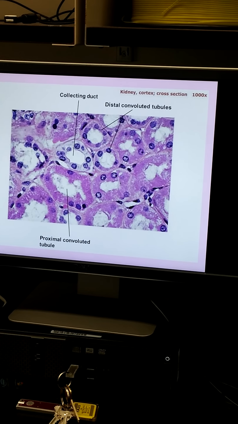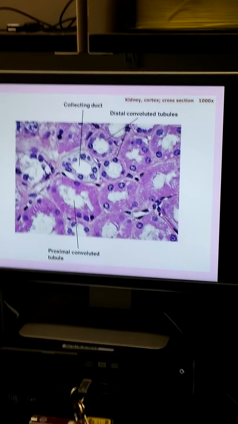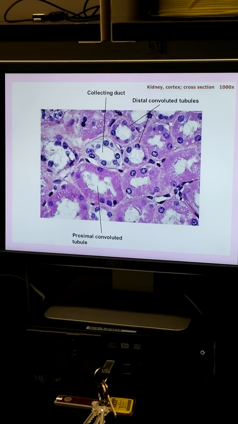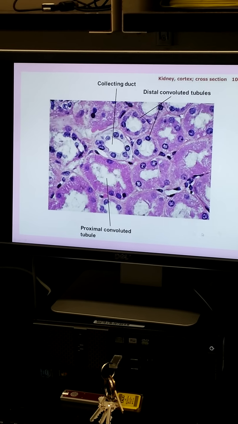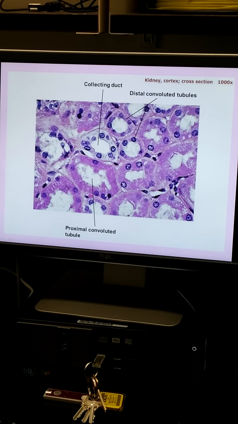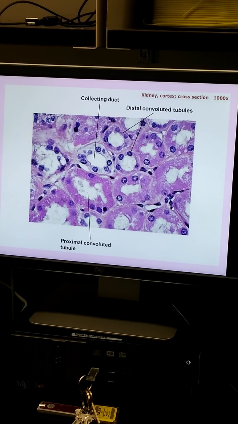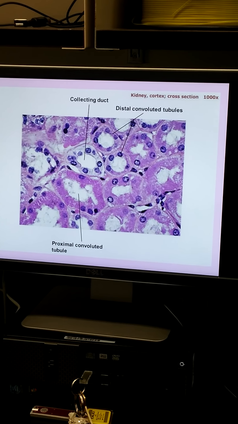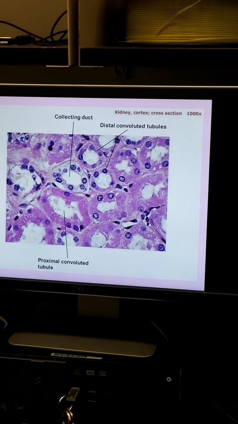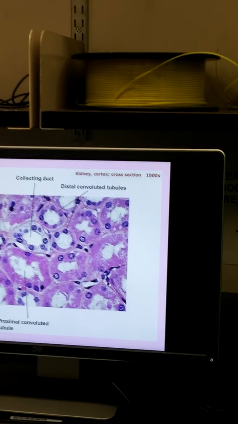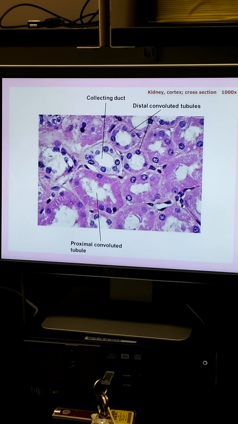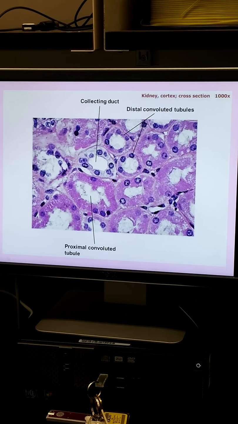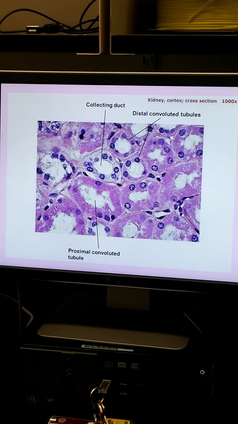So now we have a cross section, and we can see PCTs, and we see DCTs and some collecting ducts. Here we're zoomed in on the PCT, and what do you see inside the lumen of the PCT? What are these pinkish structures? The microvilli. So in the PCT, you will find an abundance of microvilli and mitochondria.